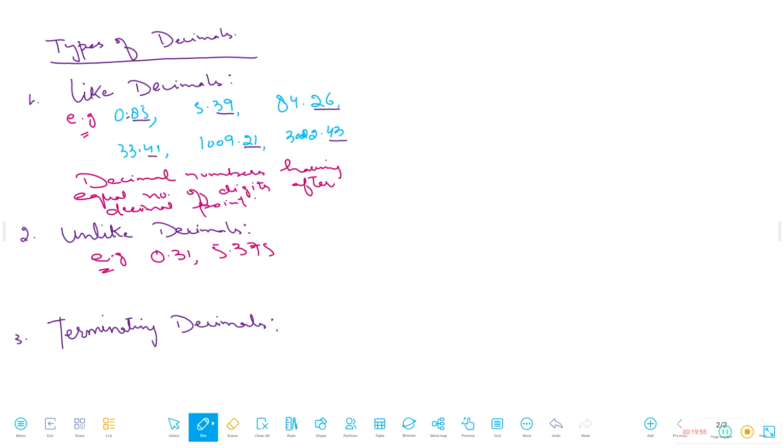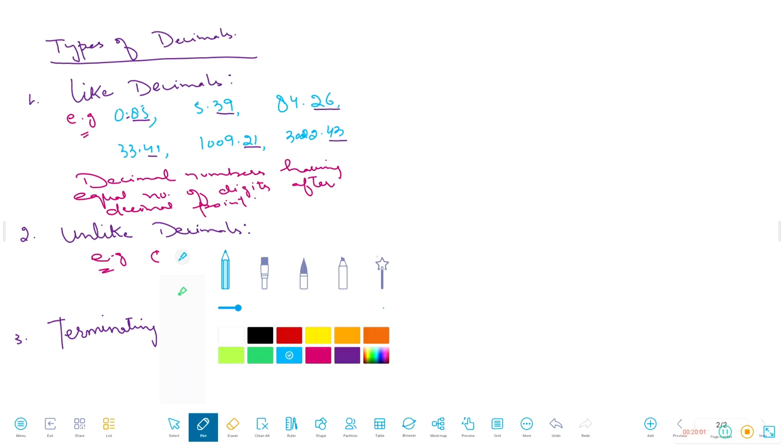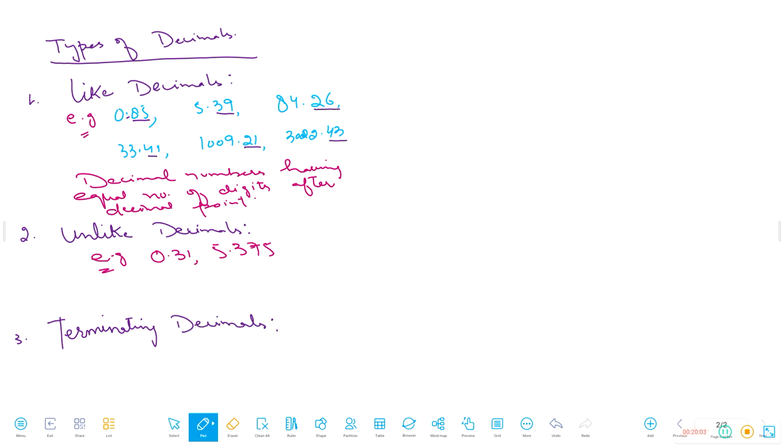If I talk about these two decimal numbers only, are they like? No. Why? The answer is their decimal part, that is 31 and 375, doesn't contain equal number of digits.